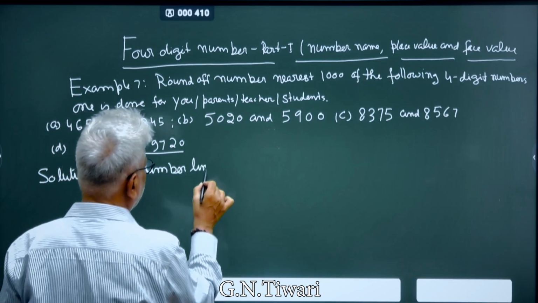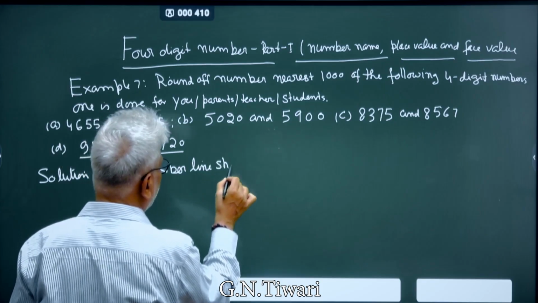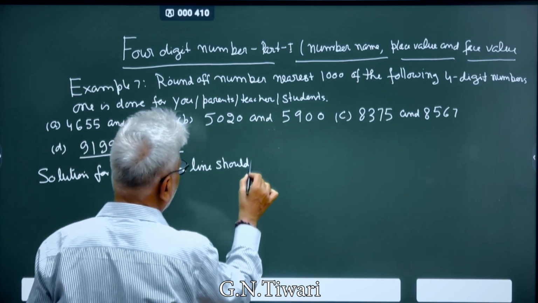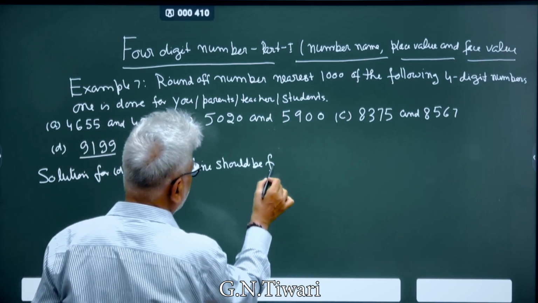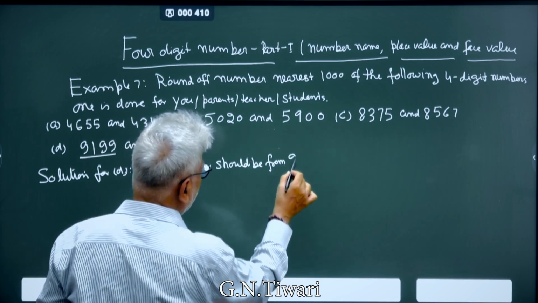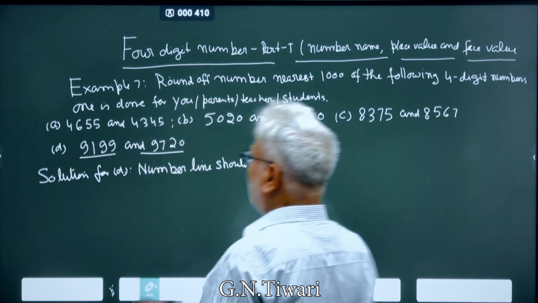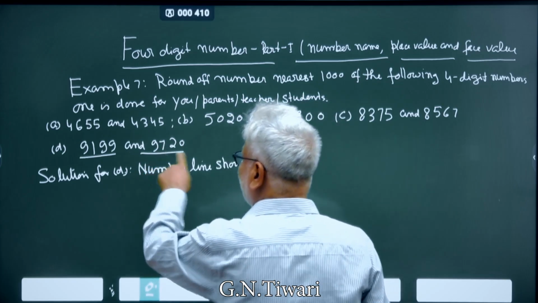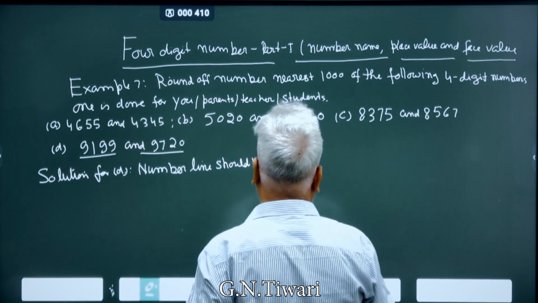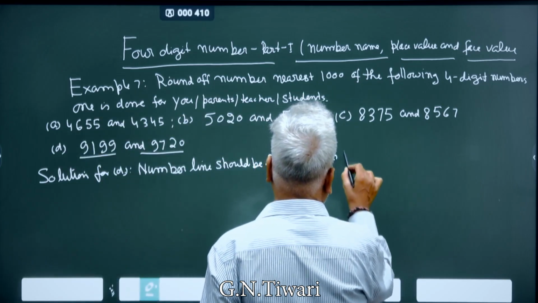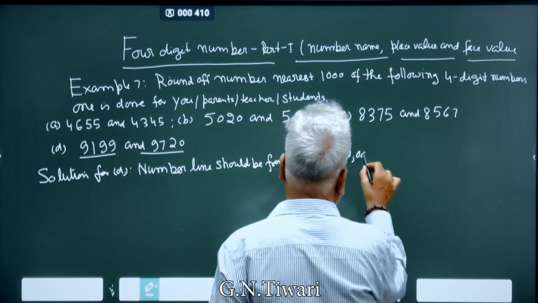line should be from 9,000. Then to what? So nearest 9720 is 10,000. So to 10,000 nearest.